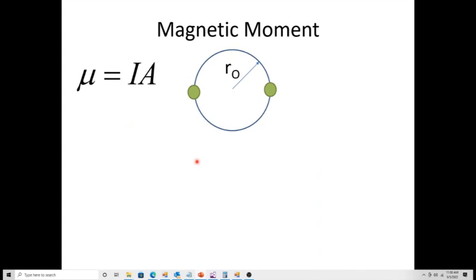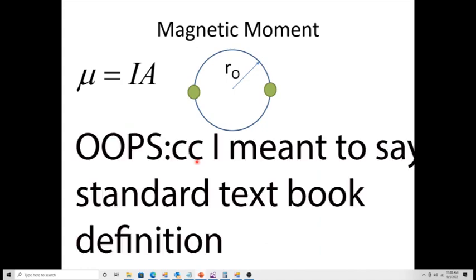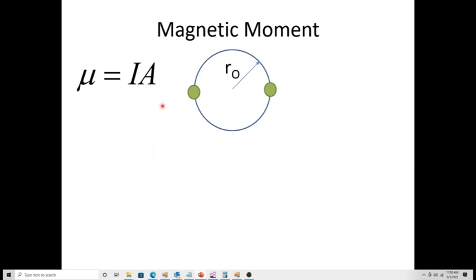In the simple ethereal mechanics model, the magnetic moment is just the current times the area. If you have two charges spinning in a circle of orbital radius RO, the current in the loop is total charge divided by the period. The period is the circumference, 2 pi RO, divided by the velocity they're orbiting at.